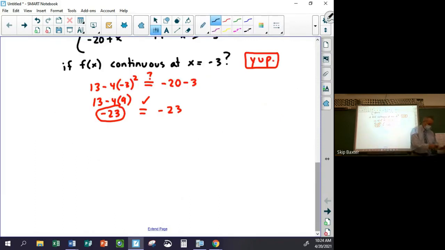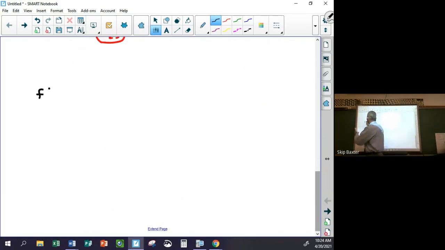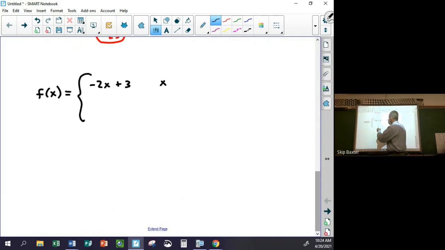How about this one? What if I have something like f of x equals -2x plus 3 if x is less than 1, and x squared if x is greater than 1.